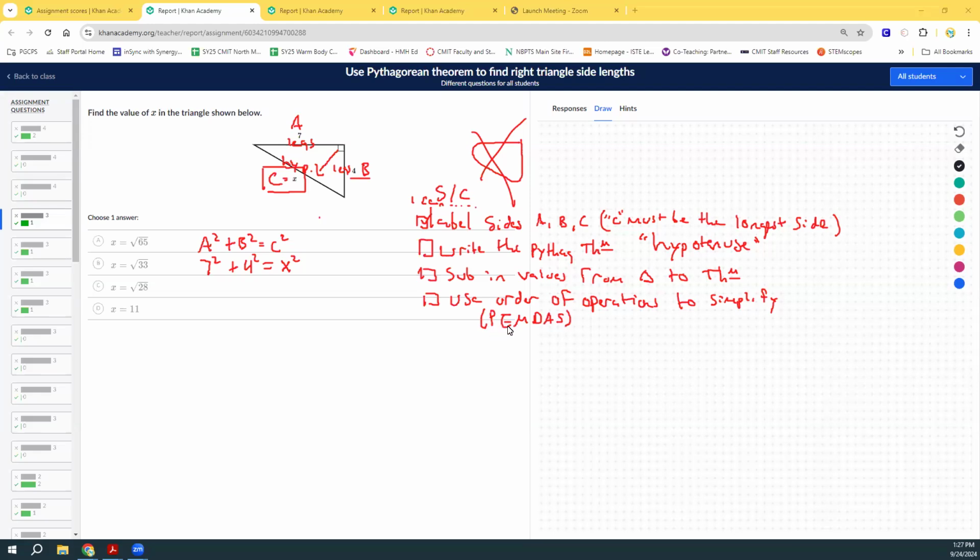Parentheses, exponents, multiplication, division, addition, subtraction. And here we have exponents. So we're going to square. We know our squares. We just did that, okay? So I did my exponents. There's no multiplication or division, but there's addition. So 49 plus 16 is 65.